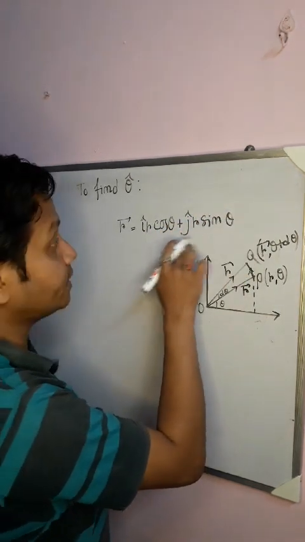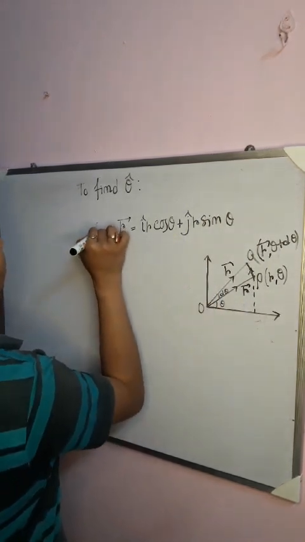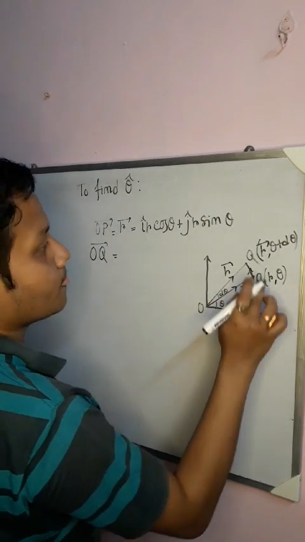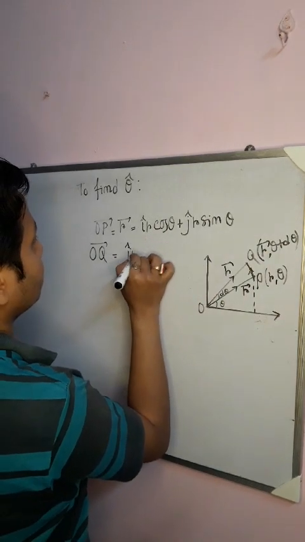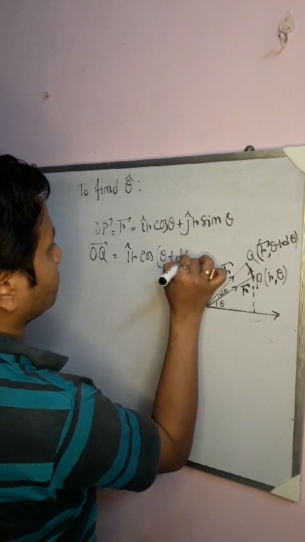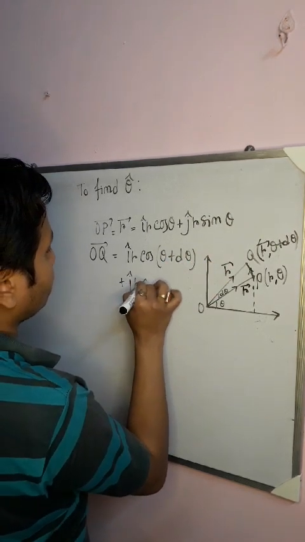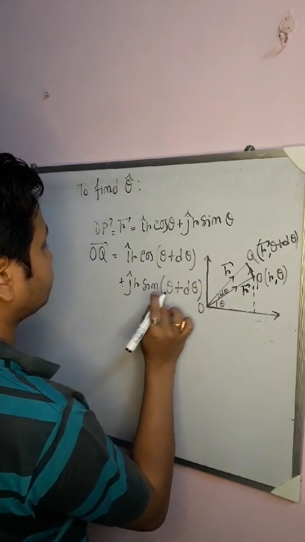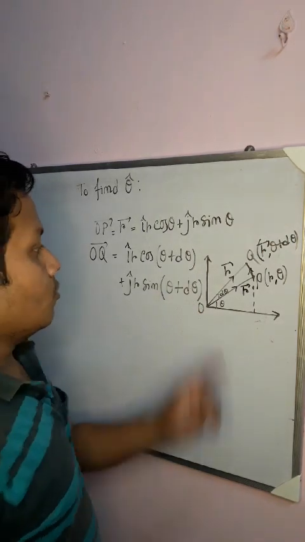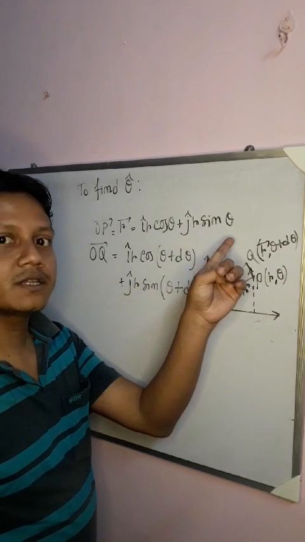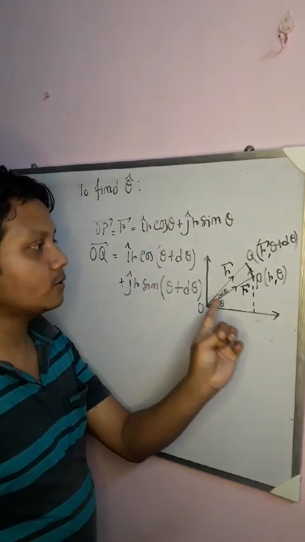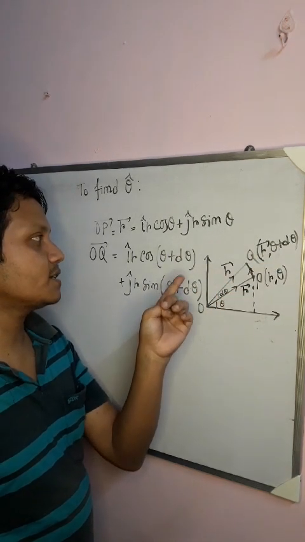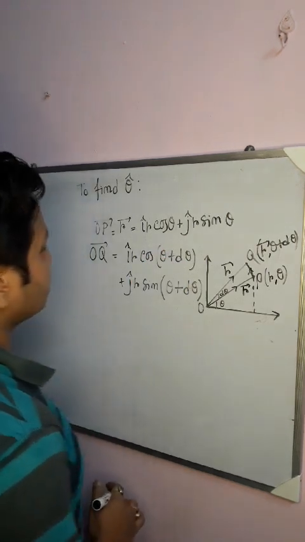Now by similarity with this line, we can write OQ by putting theta plus d theta instead of theta: i cap r cos of theta plus d theta plus j cap r sin of theta plus d theta. R will remain r. So let us simplify it.